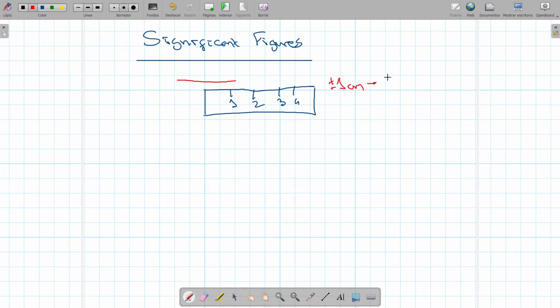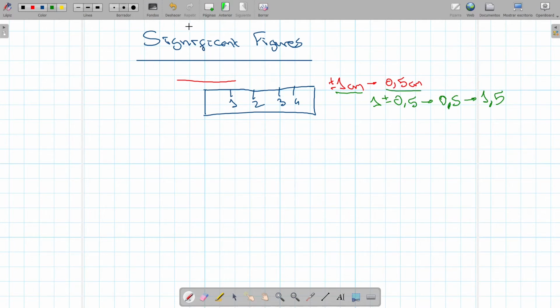And we say that the error in that instrument is half of the precision, so it's 0.5 centimeters. So this means that if we measure this, we decide that our measurement is 1 plus minus an error, which is 0.5. So we decide that our measurement is somewhere between 0.5 and 1.5. Okay, so the precision of our instrument is 1, and the error we can make is half of the precision.